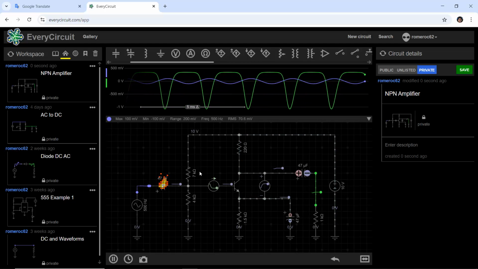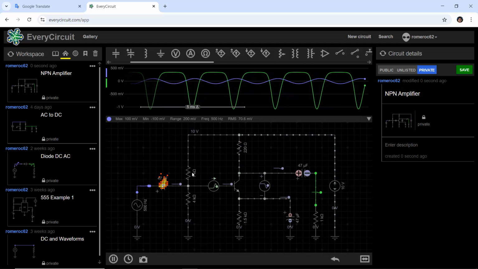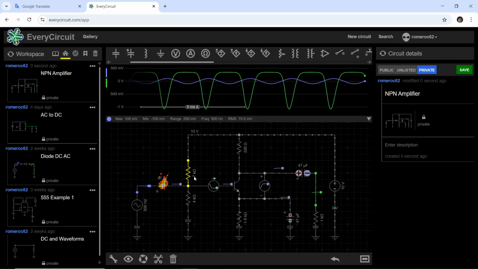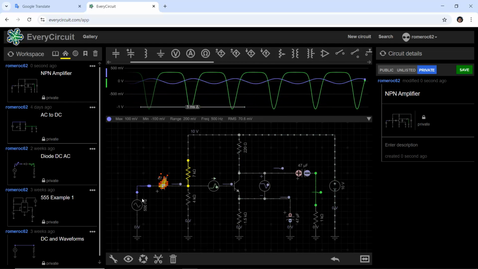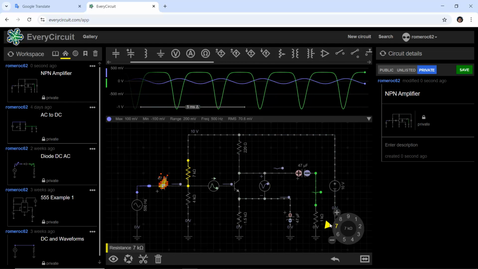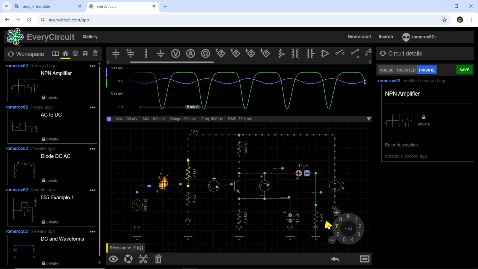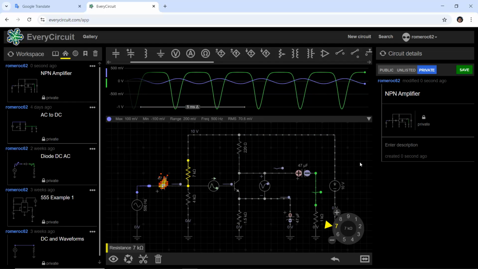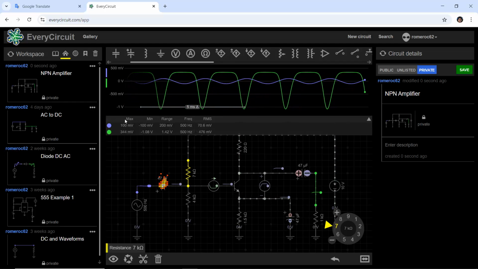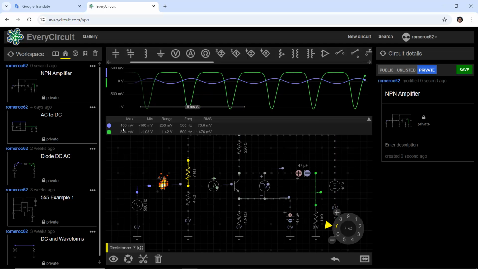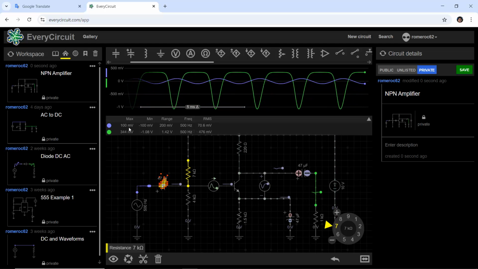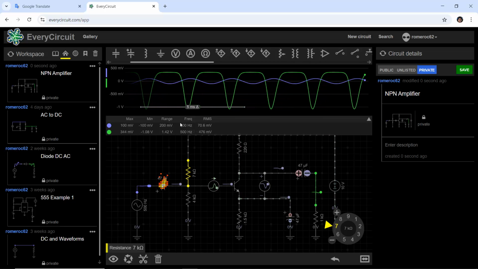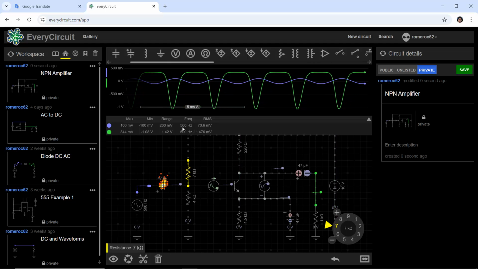To fix this, you can modify this resistor. For now, the value is 7 kilo ohms, but I will modify it to a lower value. Before that, verify the input: maximum value 100 millivolts, minimum minus 100 millivolts, frequency 500 hertz.